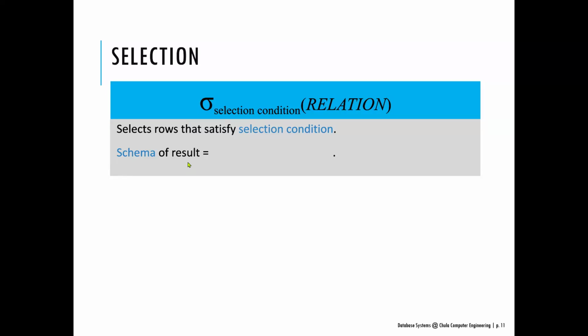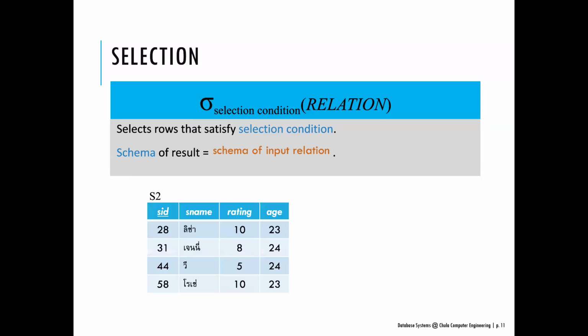So basically, the schema of the result will be the schema of the input relation. For example, if the input relation has 5 attributes, the result would also have 5 attributes, right? Let's take a look at the example. If I have the S2 here, and I have this command, say select from S2 in the back.